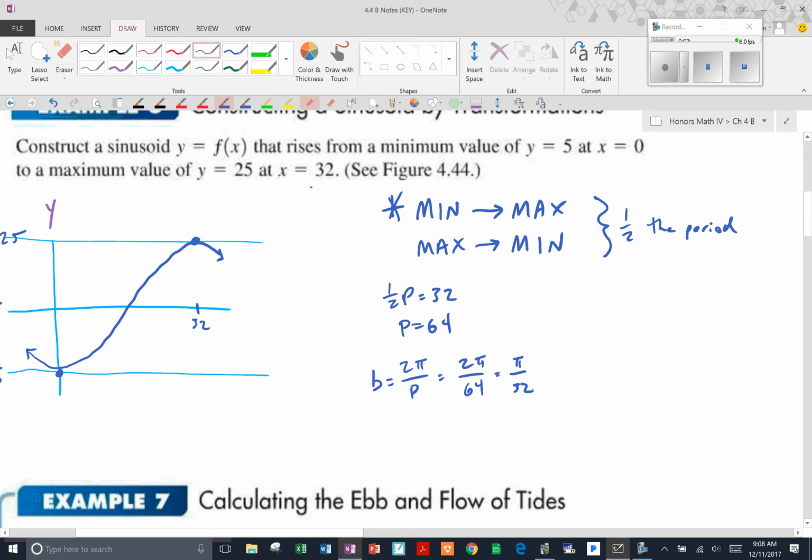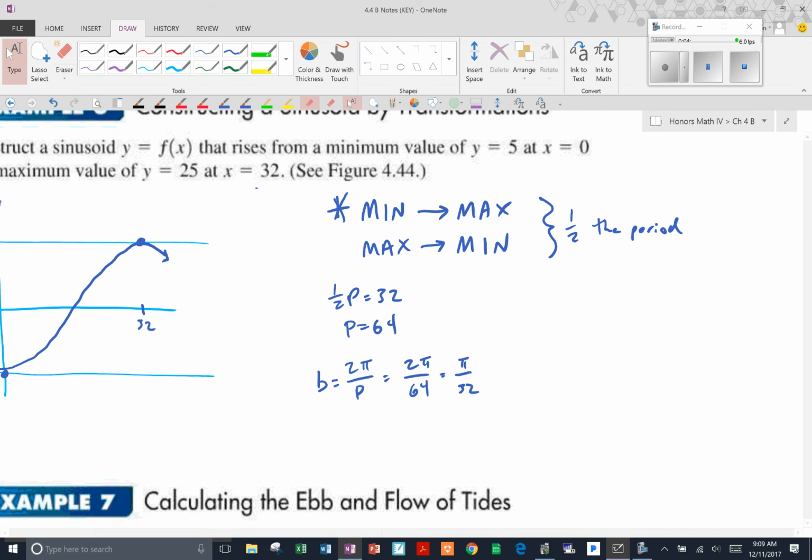We could also say that b is pi over half the period if we're using this whole half the period thing, but I'll just use the one that we used in the last set of notes. So that's our b value, and like Ethan just brought up, we have a pi value in it because there is no pi in our value that's on the x-axis.